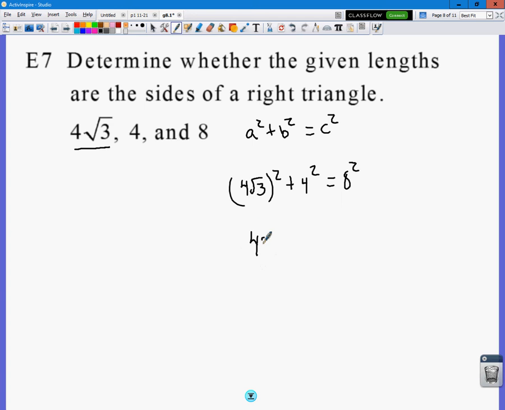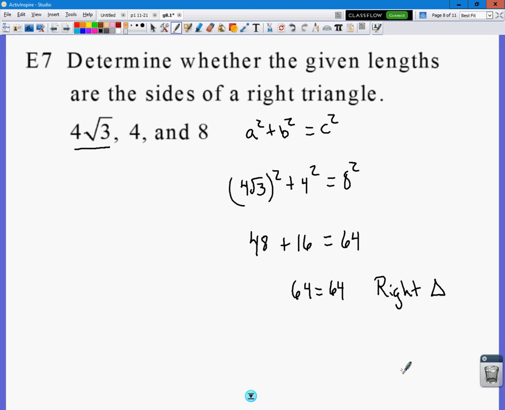Four square roots of 3 squared is 48. 4 squared is 16. 8 squared is 64. 48 plus 16 is 64. So since a squared plus b squared was equal to c squared, this is a right triangle.